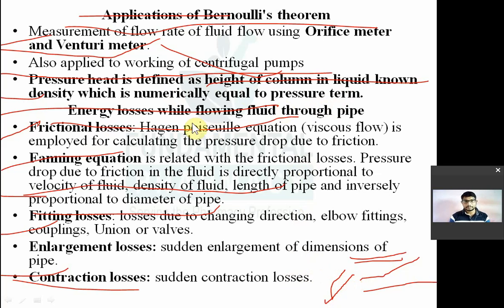They are nothing but the frictional losses, then fitting losses, and enlargement and contraction losses. Okay, remember here again Poiseuille's equation and the Fanning equation. These two equations are related with the energy losses in the fluid flow due to friction. Remember this, a question can be made on this.